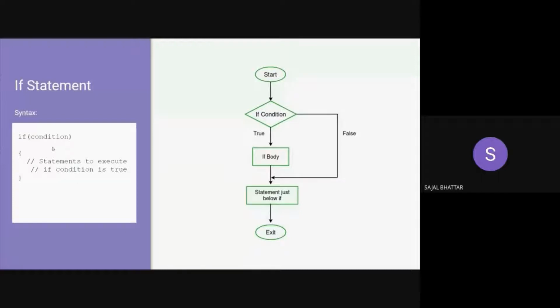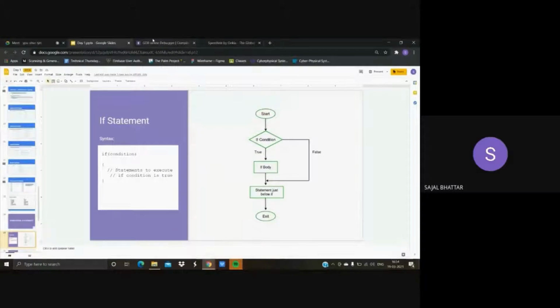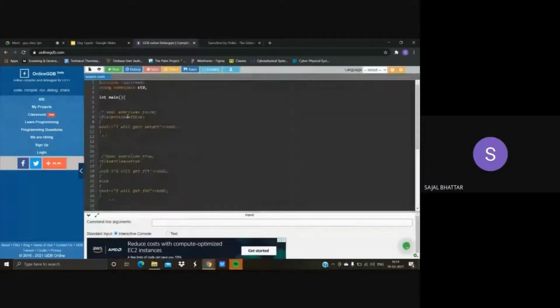So let's see what it will look like if we use it in C++ programming. Here I am going to declare one Boolean variable, exercise, and I'll set it to false because I don't exercise. Now I am using the if condition to check if exercise is false.